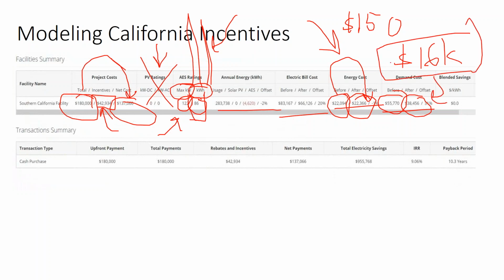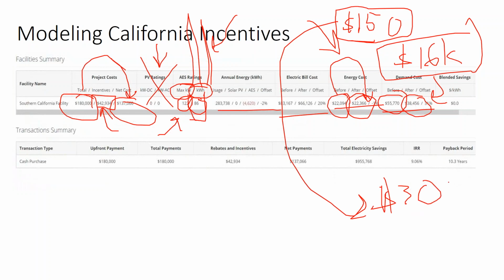And so you really don't have to worry about the efficiency of a system with commercial, because even if the system were half the efficiency, if it costs us $300 to charge the batteries rather than $150, that really doesn't matter because we're saving $16,000.